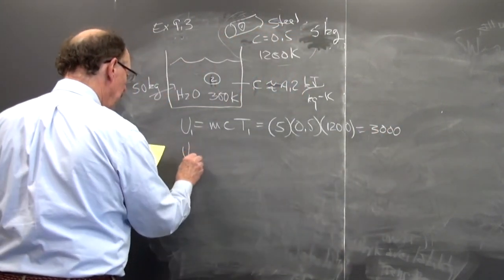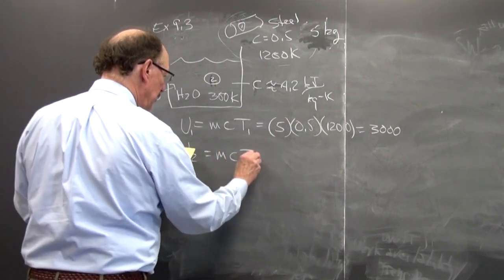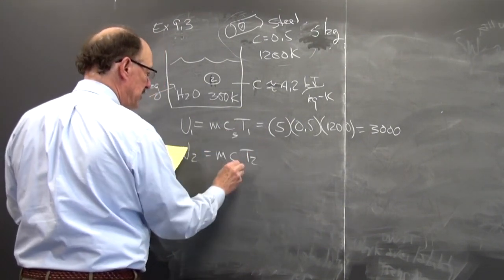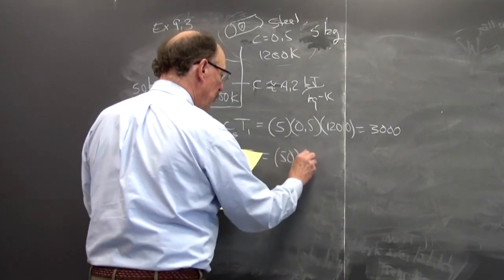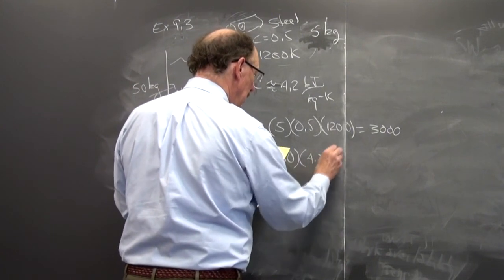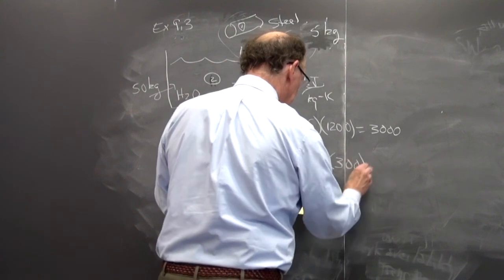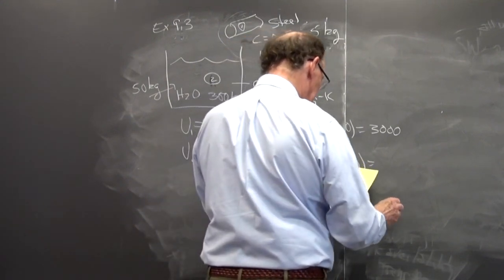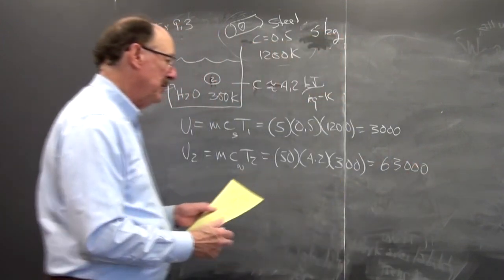And U2 is equal to mCT2. So this is for the steel and this is for the water. So this is 50 kilograms times 4.2 times 300. And this is going to be equal to 63,000. So it's a much bigger number.